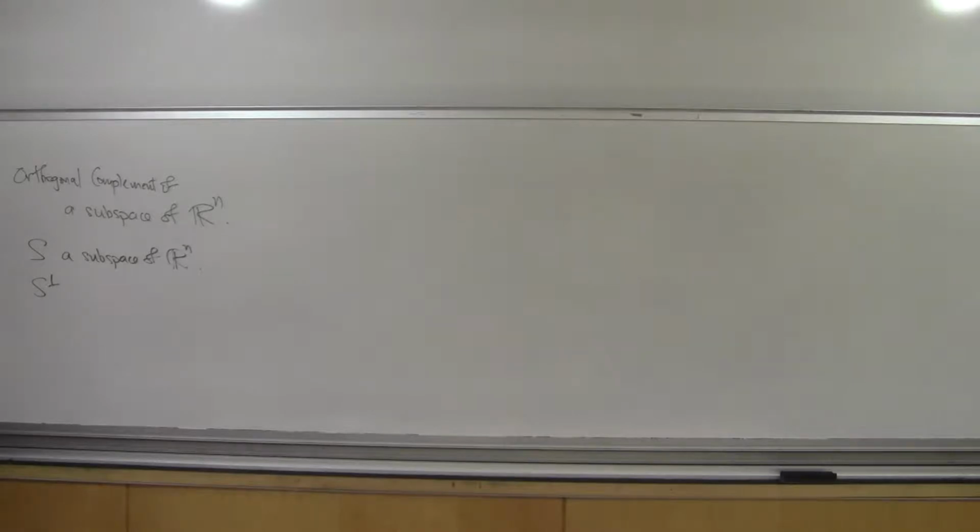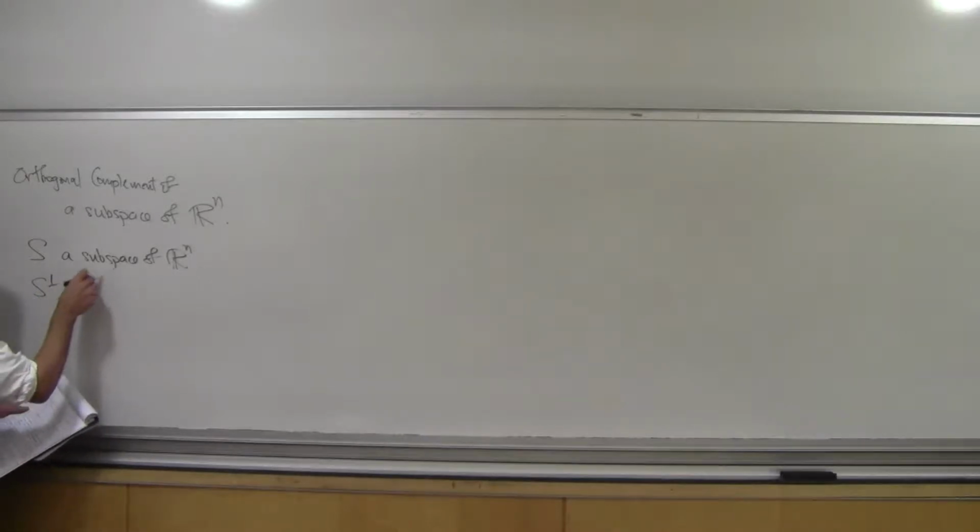The orthogonal complement. Remember what the orthogonal complement is. What is it? What's the orthogonal complement of a subspace? You say it is all the vectors such that they're all orthogonal to all the ones in the span, and that's good enough.